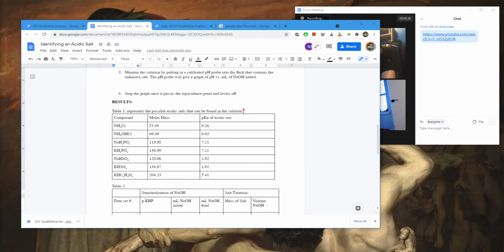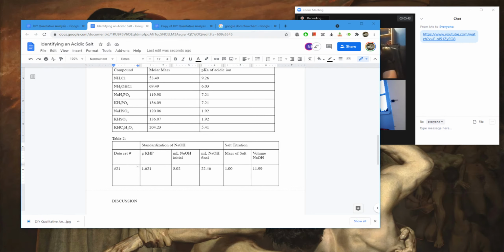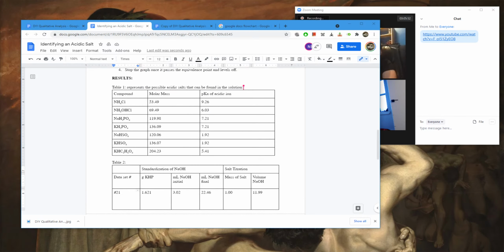What do you call it? I think it's the KH2PO4. What's the KHP? Is that something that we don't know? It says grams of KHP on the result here. I guess that's just what was inside the solution.